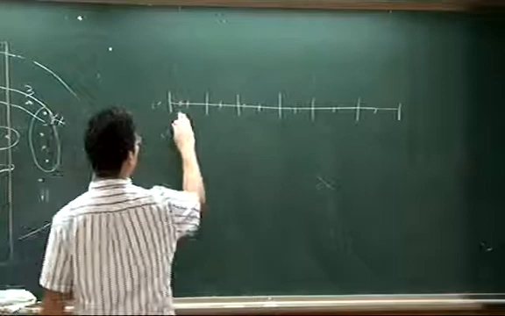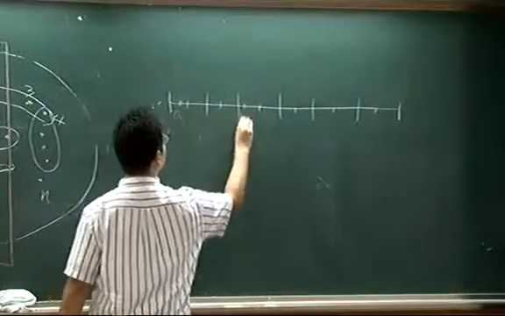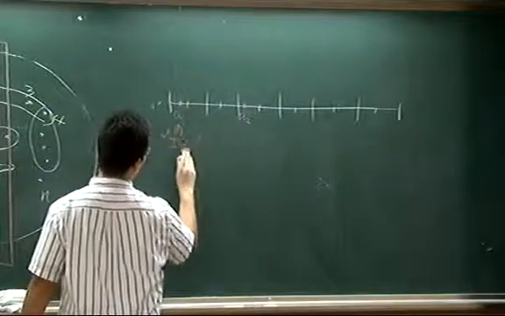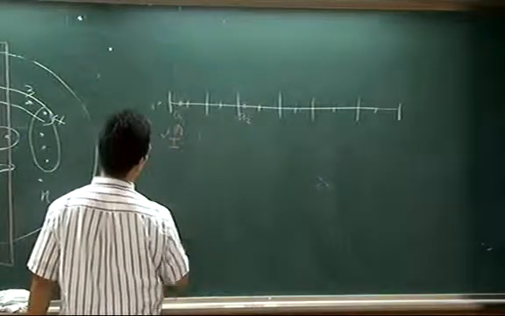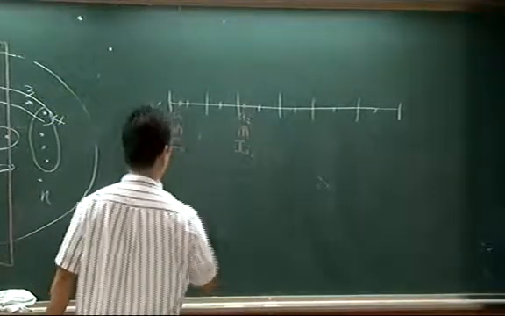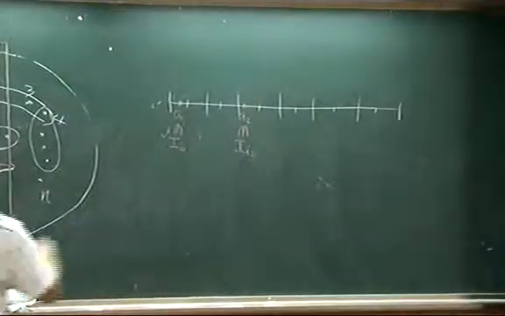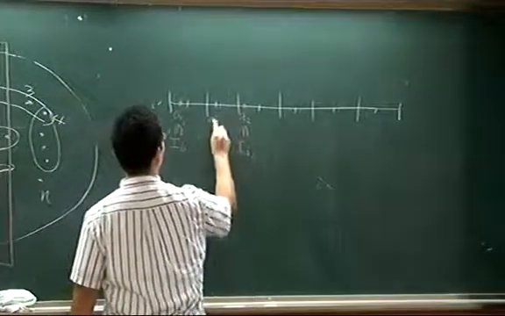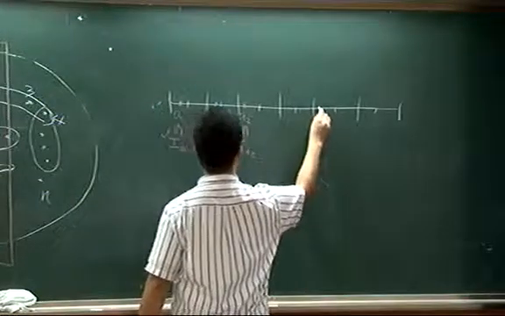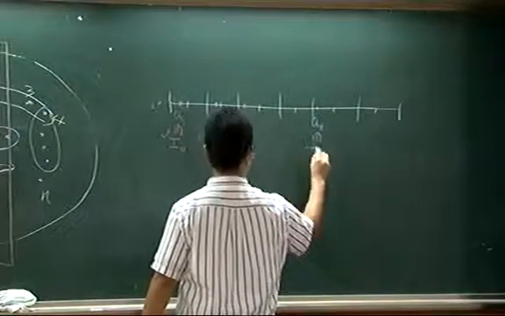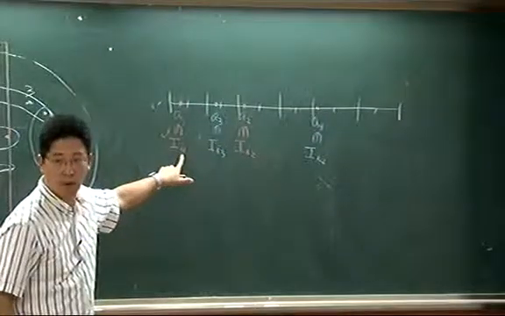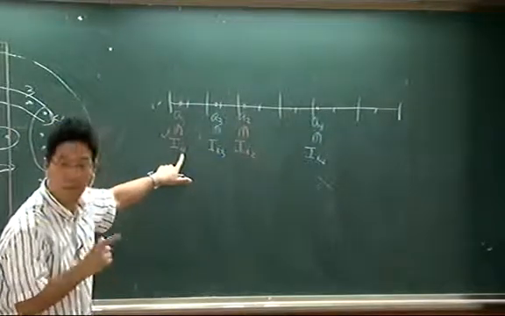We have elements A1, A2, where A1 is in I1 and A2 is in I2. Let's say this element is A3, which is in I3, and this one is in I4. So this index is the index of the interval.